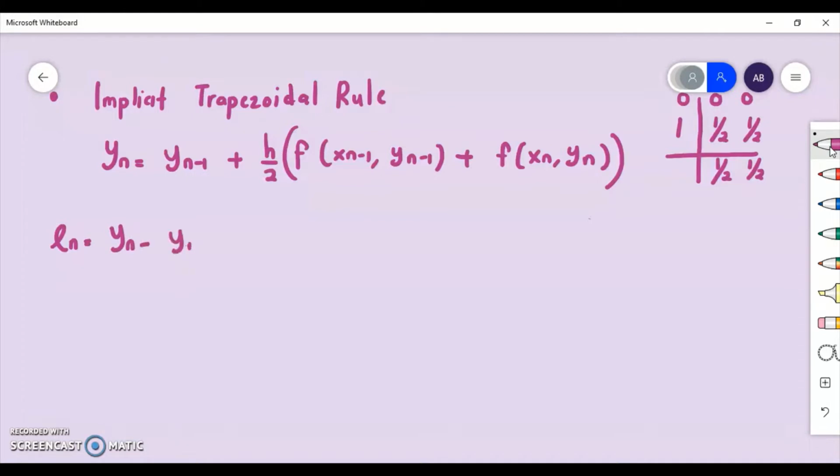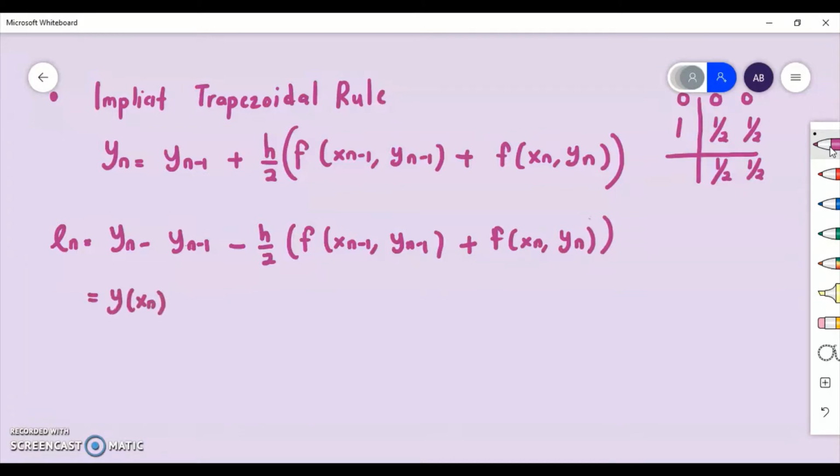Okay, so what I have here, the local truncation error will be yn minus 1 minus h over 2 times f of xn minus 1, yn minus 1, plus f of xn, yn. So I can write this as y at xn minus y at xn minus 1 minus h over 2, where f will be y prime at xn minus 1, minus, expanding the bracket, h over 2 y prime at xn.